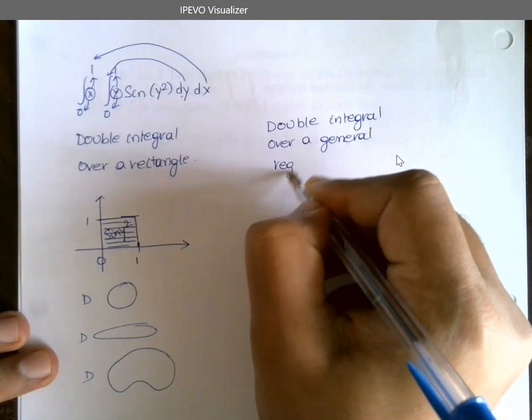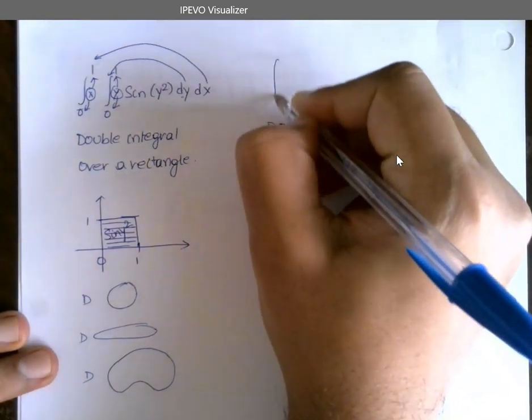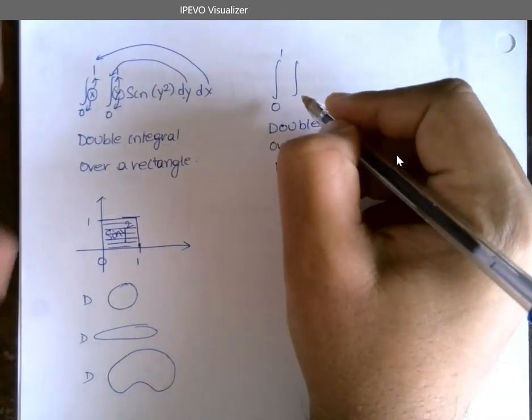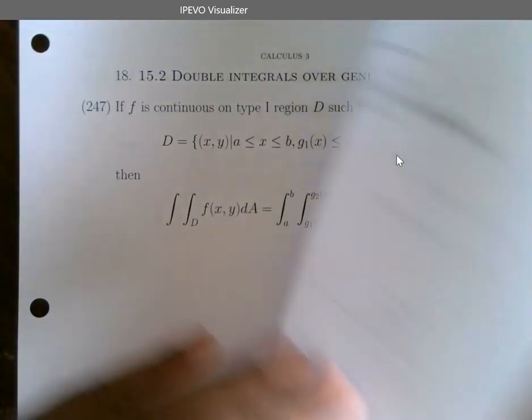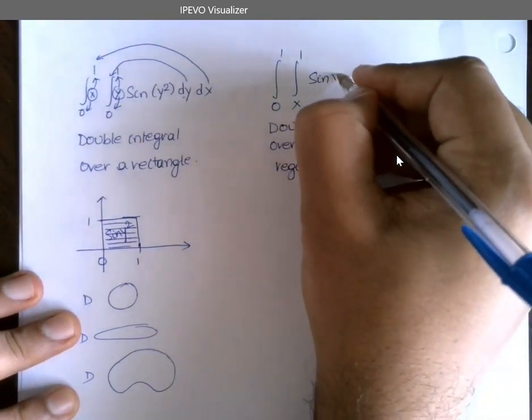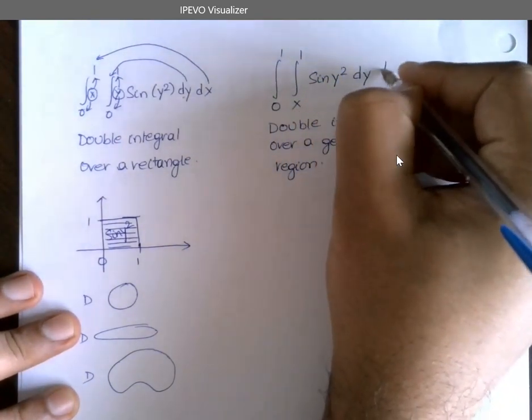So the problem that we were given was the integral from 0 to 1 and x to 1 of sine y squared dy dx.